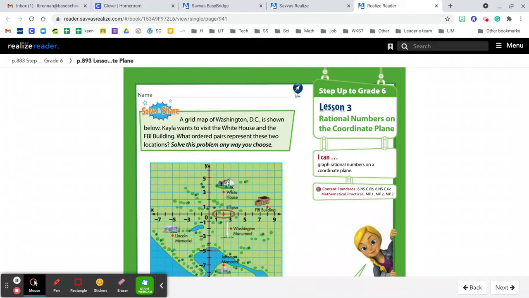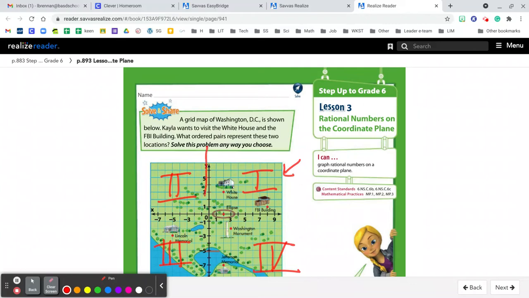So get my pen going here and pick a good funky color. This is called Quadrant 1, Roman numeral 1, Roman numeral 2, Roman numeral 3, and Roman numeral 4. Quadrant 1 is the quadrant you're used to working in. That includes positive numbers.